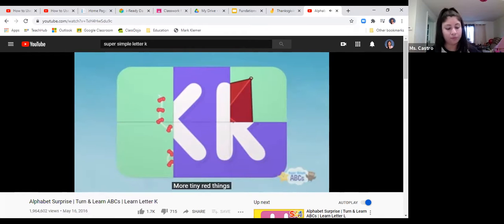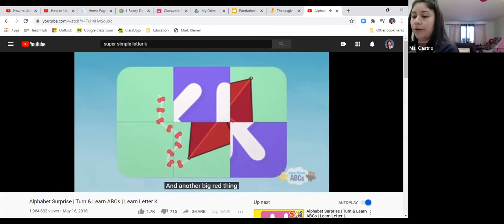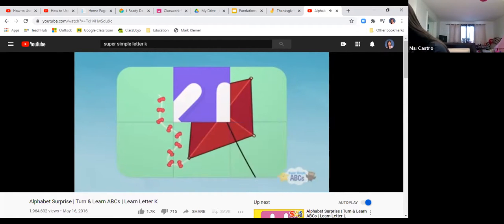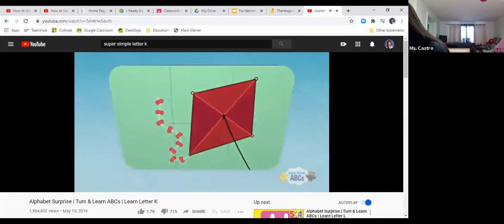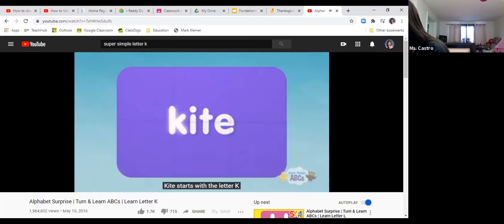More tiny red things. And another big red thing. What could this be? Kite. Kite starts with the letter K.